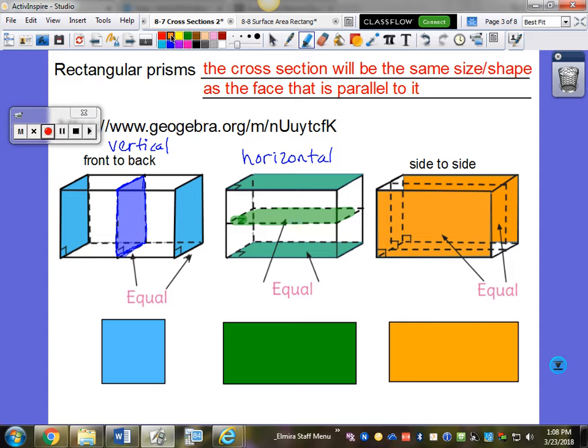I don't know if the coloring is going to help. Maybe I'll use red instead. So when I color in this cross section, you can see that it is a rectangle shape, the same shape as the front or the back, which is this orange rectangle there.